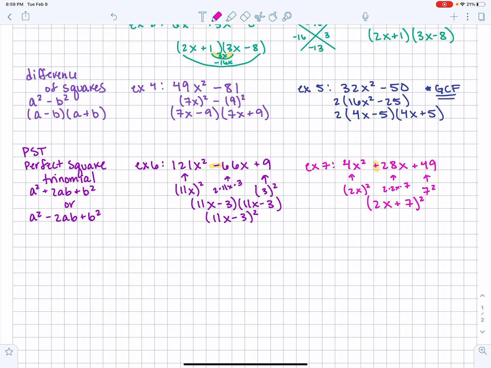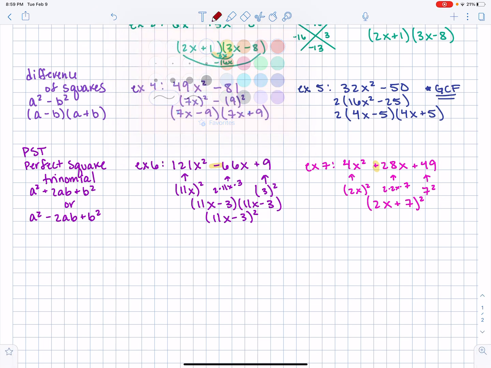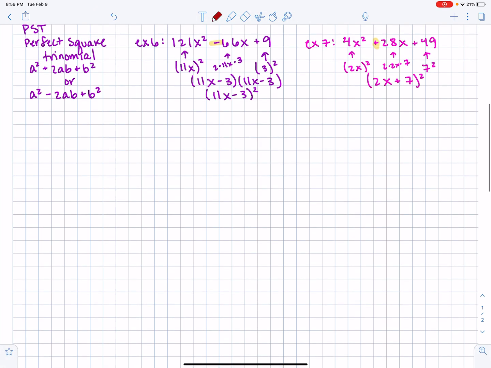So those are the reviews of factoring. I want us to try a few examples together, just in general. I know there's a lot of examples on this one, but factoring is important. So example 8, we're going to try 6x cubed minus 24x squared plus 24x.